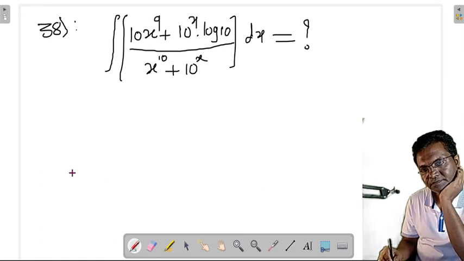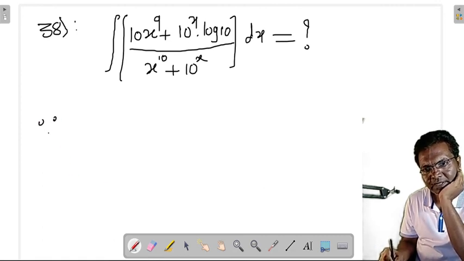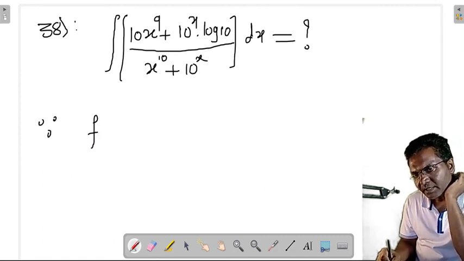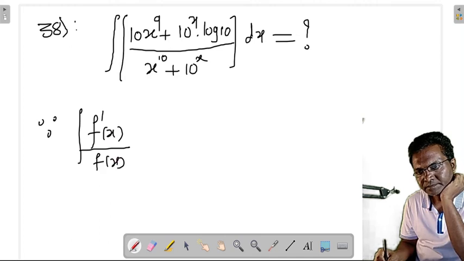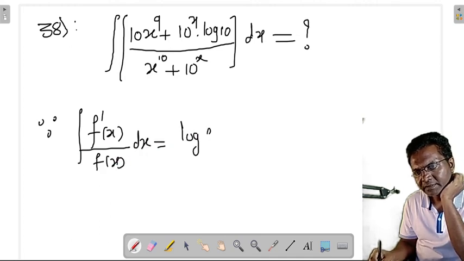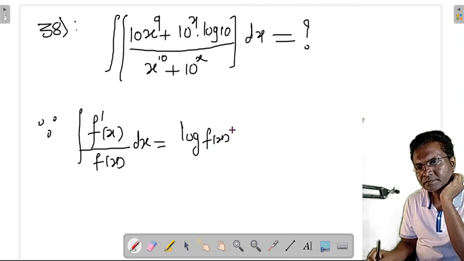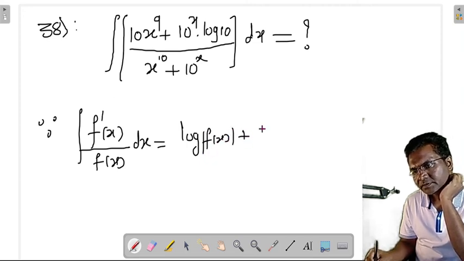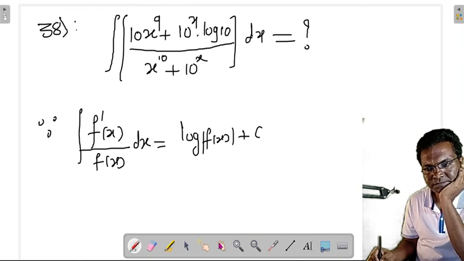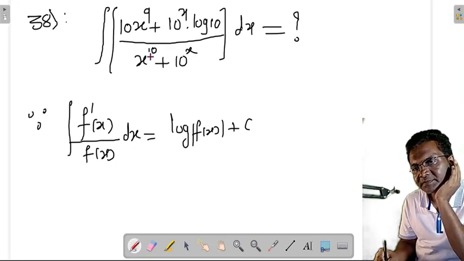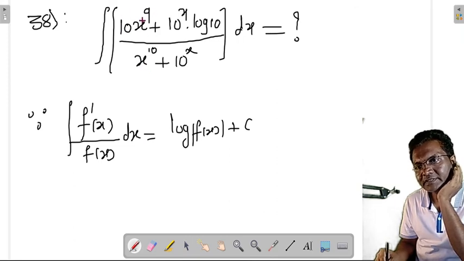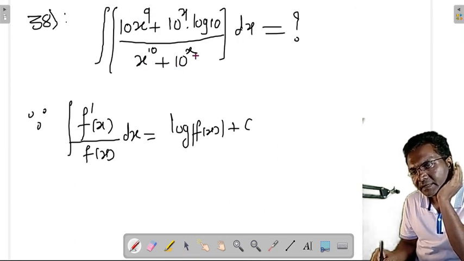Okay, now see here, it is very simple. Earlier I had given you that if the numerator is the derivative of the denominator, its integration is log of the denominator. So this was given earlier. Now here also, what is the derivative of x power 10? It is 10x power 9, which is here. And the derivative of 10 power x?